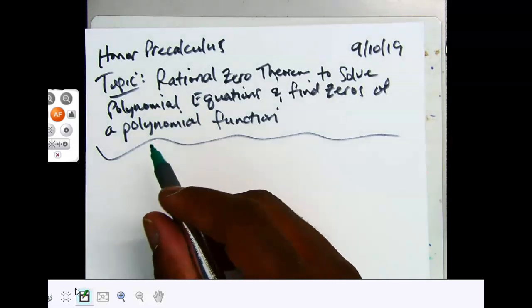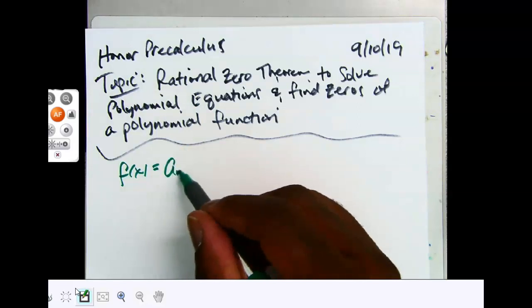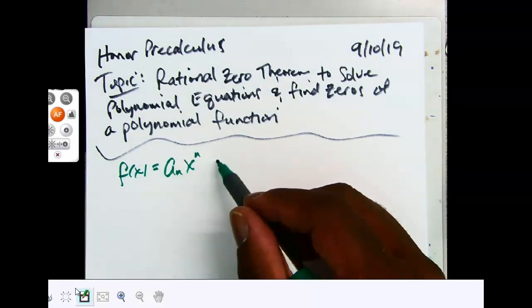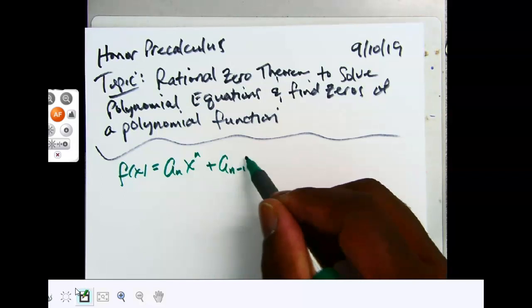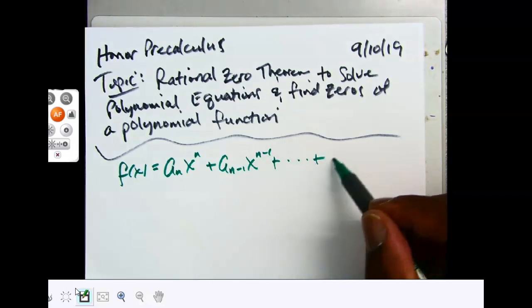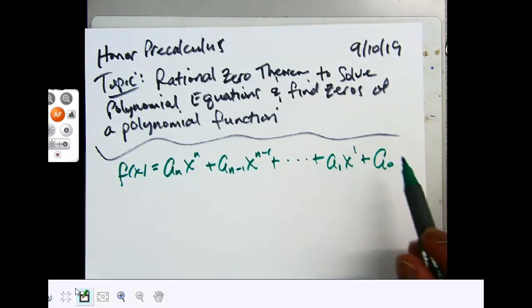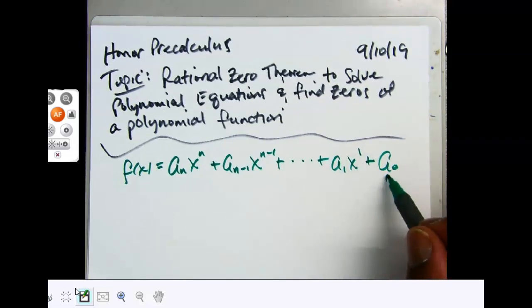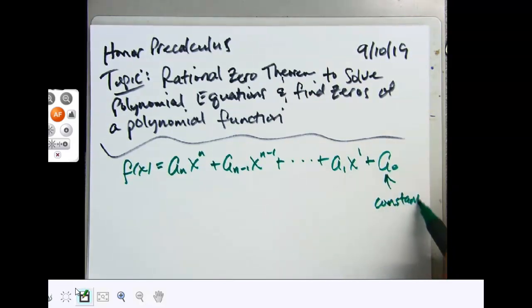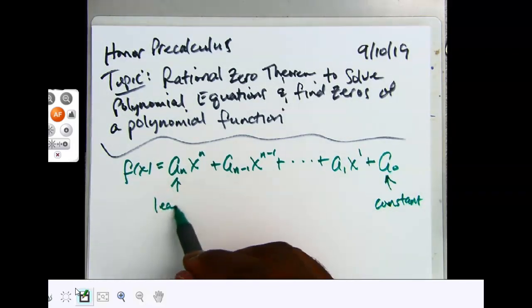So let's say you have some function, f of x equals some a sub n x to the n plus a sub n minus 1 x to the n minus 1 plus, then you're going to have some a sub 1 x to the first power plus some a sub 0, which is your constant. So you have your constant, and then we have our leading coefficient.